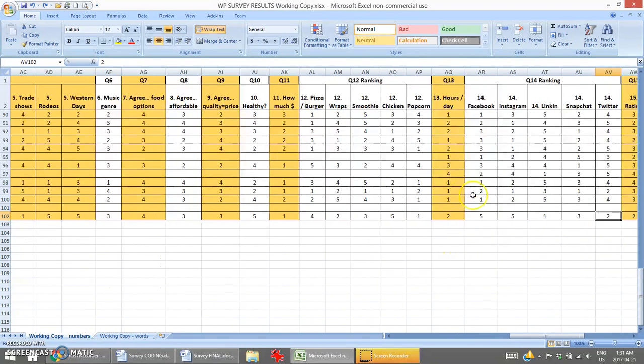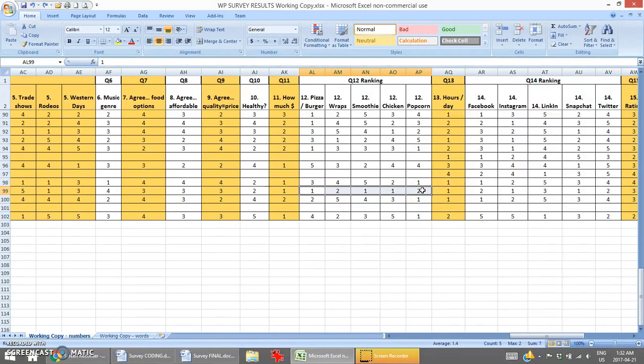Question 12 and question 14 are ranking questions, so each respondent, like row 99, basically should have first choice, second choice, third, fourth, and fifth choice. This person, though, indicated 3 things were his or her favorite, and 2 things being second favorite.